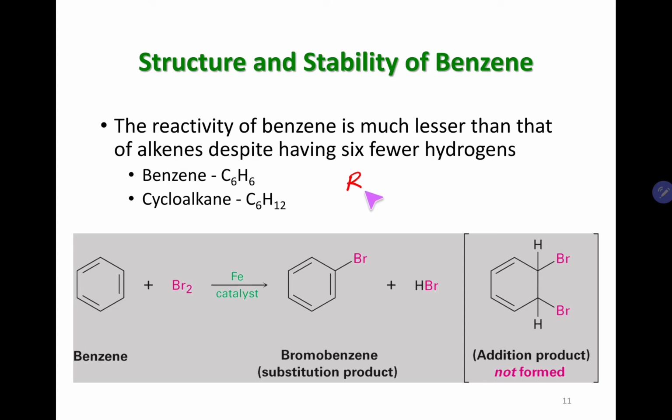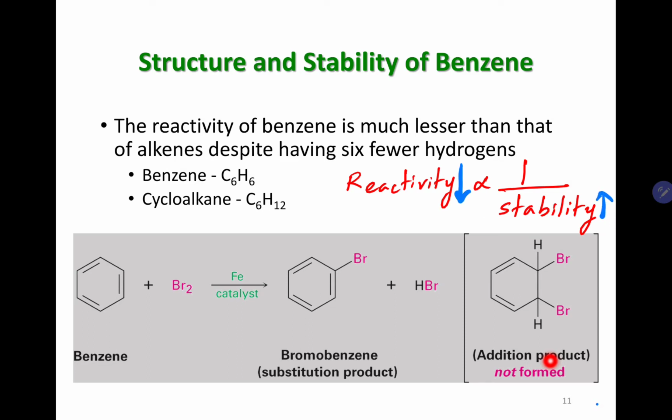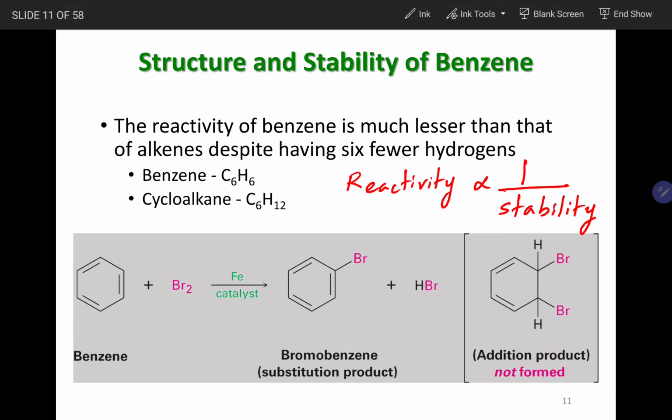Since benzene's reactivity is low, stability should be high, and vice versa. So for benzene, since the reactivity is very low as compared to alkenes, stability should be high. We will talk about the stability of benzene in more detail in the next few slides.